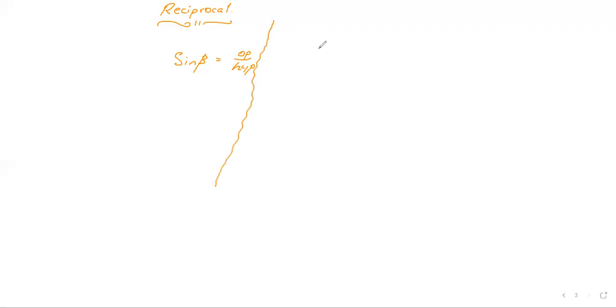Now, 1 over the sine of beta is called the cosecant of beta. We abbreviate that as cosec beta, which will be hypotenuse over the opposite side.